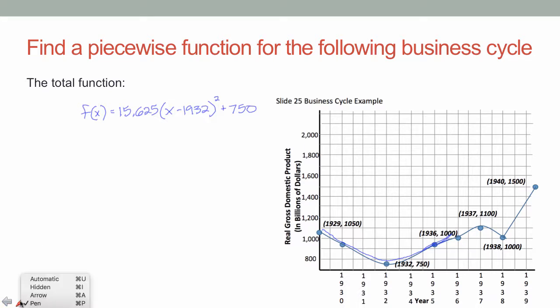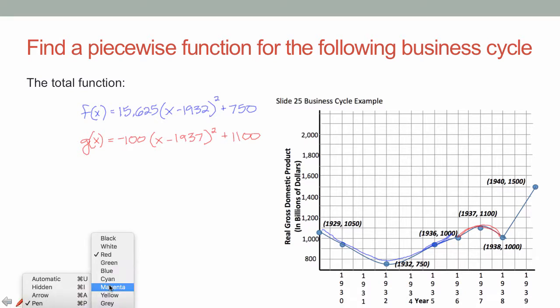And then we had the second part, g of x. That equation was this part right here. And that was negative 100 times x minus 1937 squared plus 1100. It's negative because it's opening downward, whereas the other one was opening upward and positive.